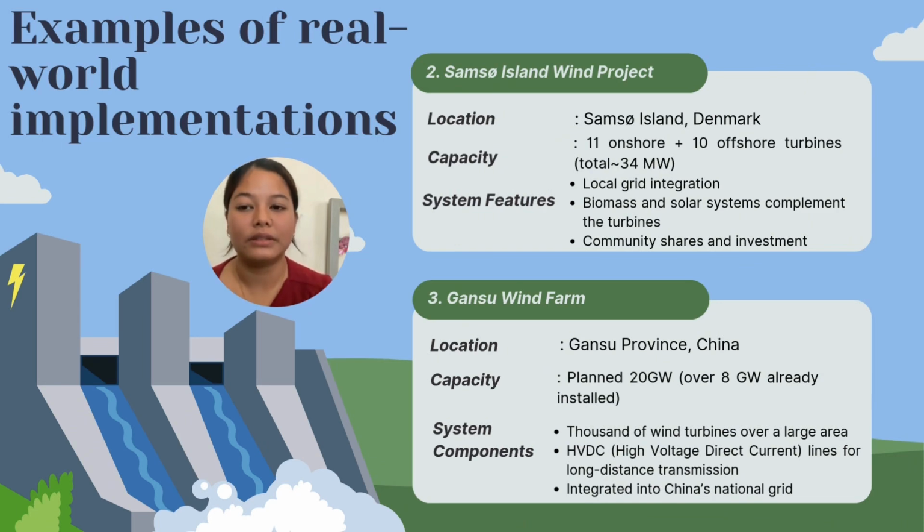To support this, China built long-distance transmission lines using high-voltage direct current, or HVDC, to send power to major cities. Gansu shows how wind energy can be scaled up massively, but also highlights the importance of strong infrastructure to deliver the electricity to where it's needed.